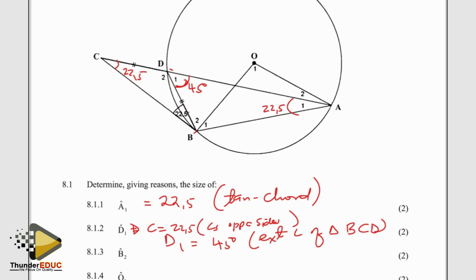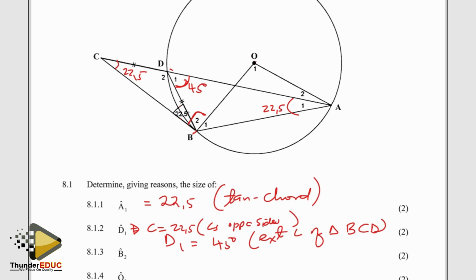So when I see this is a radius, it simply means that the tangent and the radius must be perpendicular to each other. So this B2 and this 22,5 should be complementary angles.